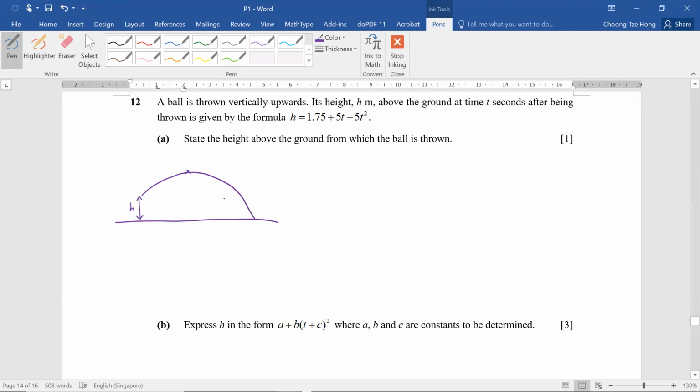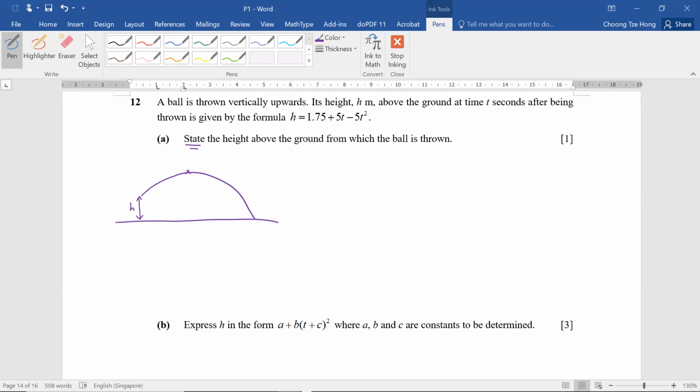If the question asks you to state, you should be able to tell the answer without doing any working. But in case some of you are wondering how we get the answer: at the start of the scenario, the ball is thrown.